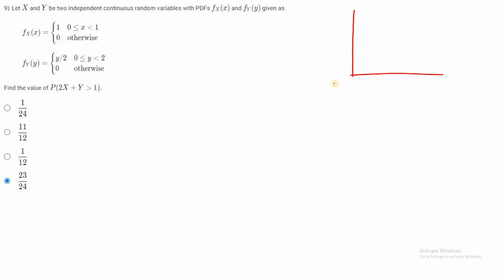So I'll take 0, 1, and I'll take this as 2. Similarly 1, and I'll take this as 2. Okay, 2x plus y is equal to 1. Let's say if x is 0, y is equal to 1, and if y is equal to 0, x equal to 1 by 2. That is 1 by 2, and 0 is here, and 0 and y is here, so this particular line.